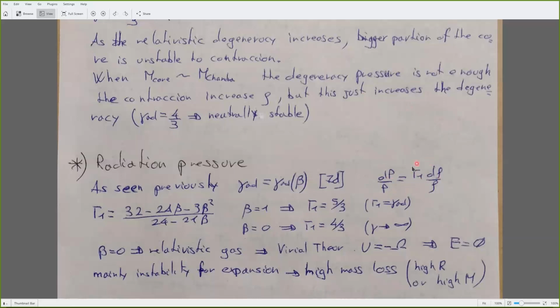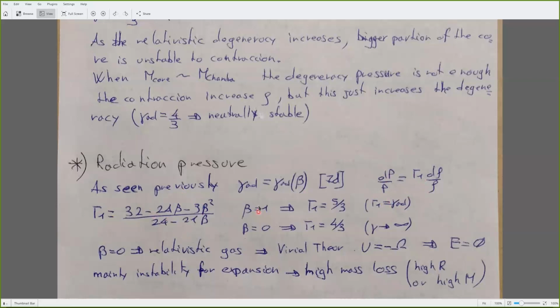This is the generic case. When the three adiabatic coefficients are equal, then they are equal to the adiabatic coefficient. Gamma 1 is this gradient, this value.